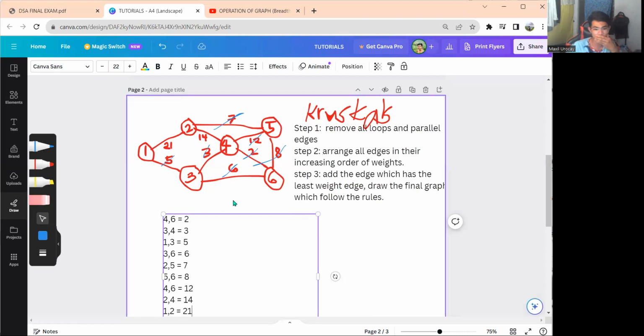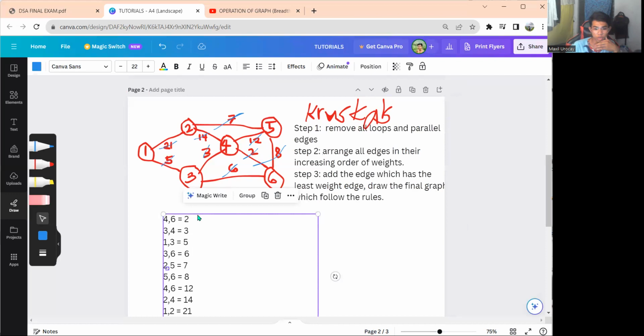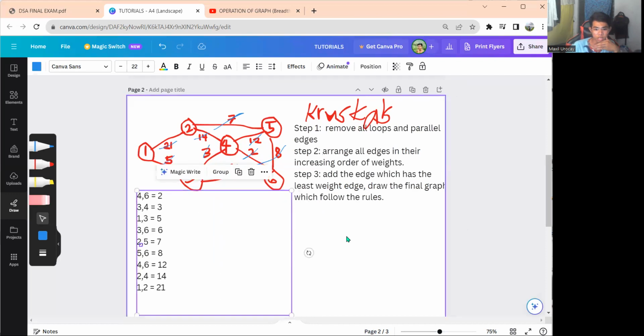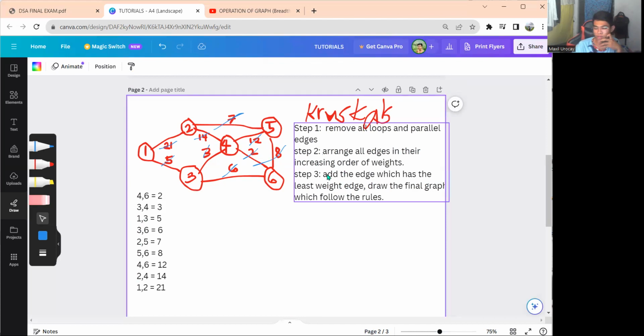So right now, we are already done with our step 2. This is the only thing you show in your step 2. You put step 2, then determine the increasing order manner. That is the only thing you will do in step 2.